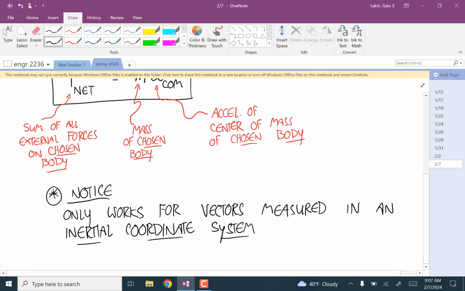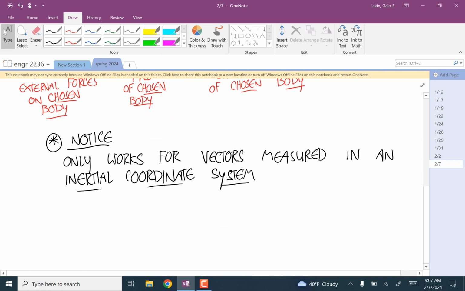So what are the requirements for an inertial coordinate system? There's two of them. The first one is that the origin cannot be accelerating. And the second one is that the coordinate axes can't be rotating. You know, the coordinate system can't be rotating.